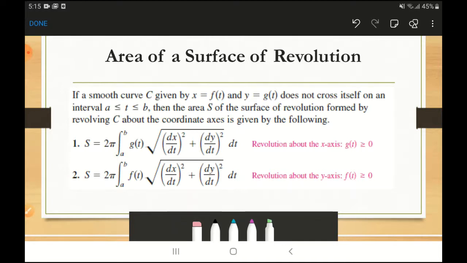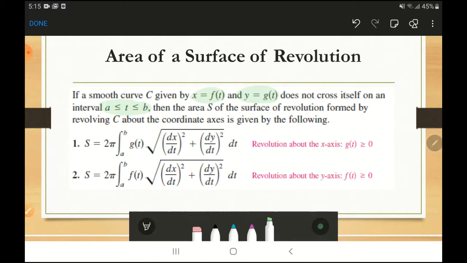If we have a smooth curve C given by a parametric equation x equals f(t) and y equals g(t), and it doesn't cross itself on an interval a to b, so this is the interval of t, then the area S of the surface of revolution formed by revolving C about the coordinate axis is given by the following.